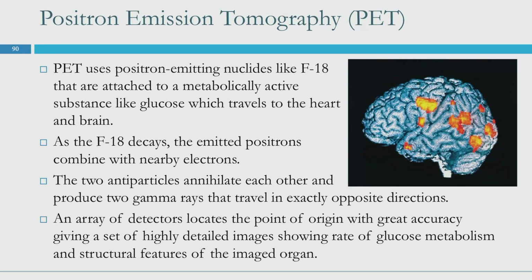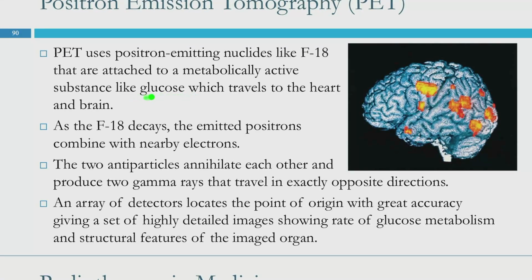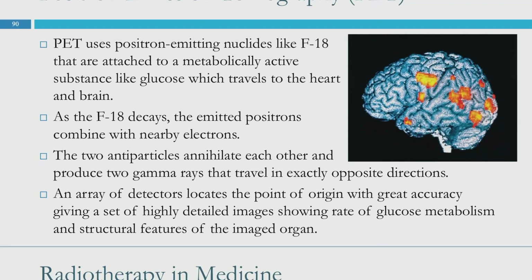You can also use positron emission tomography. So you can take radioactive fluorine, F-18, attach it to things like glucose, and then as that F-18 decays, it'll emit positrons that combine with nearby electrons, and you can look at the energy that's released when those antiparticles annihilate each other.